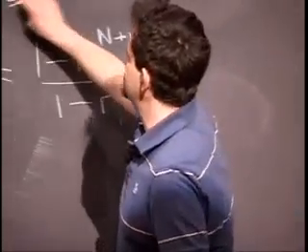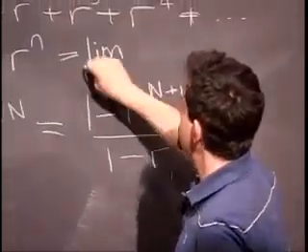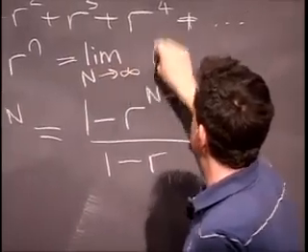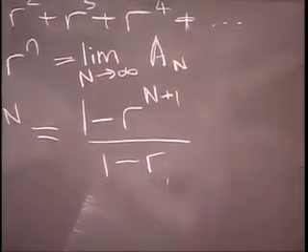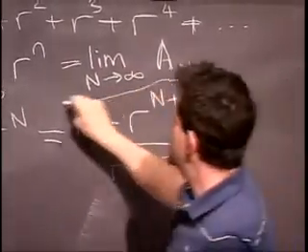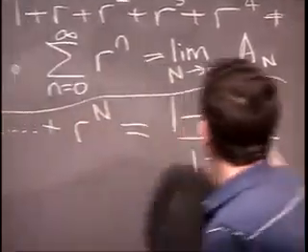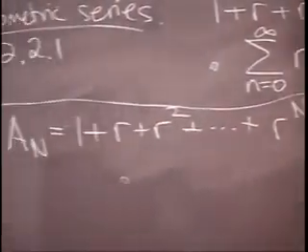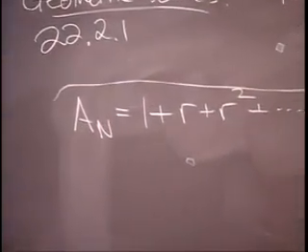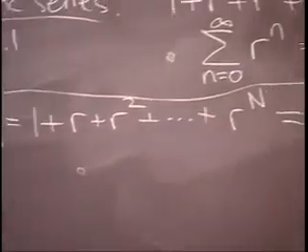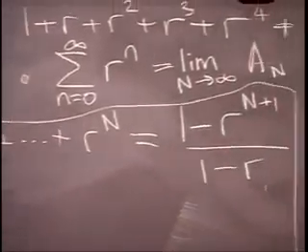What we do want is to take the limit of the sequence of partial sums A_N, which is given by this formula here. That's the definition that I just gave.